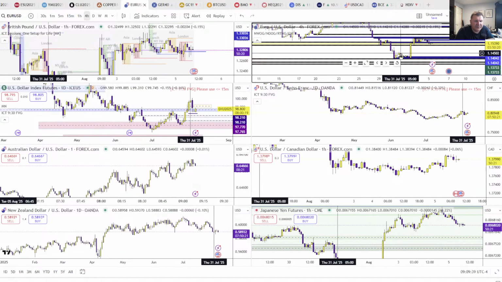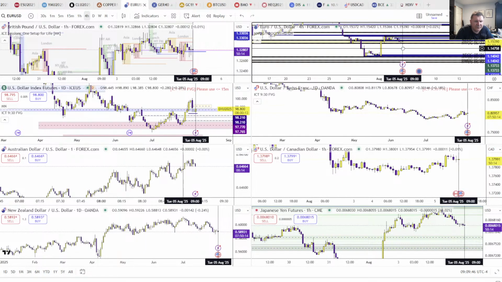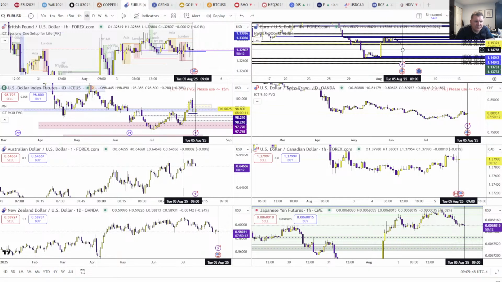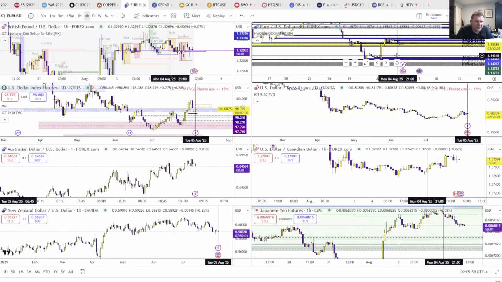Yeah, look for a revisit down here in the euro for 114.63, to 114.39, 40, somewhere around there.